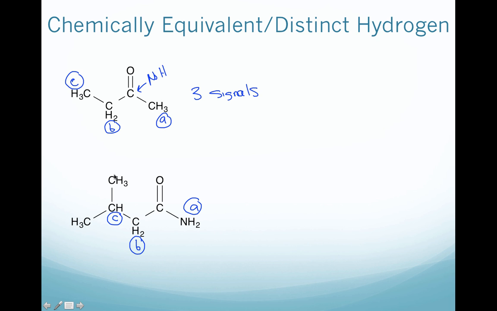But now these 2 methyl groups in this isopropyl are equivalent. So these 3 protons on this methyl group and the 3 protons on this bottom methyl group are 100% equivalent. Remember, you have rotation around that bond, so there's no differentiation between those. So this has 4 distinct types of hydrogen.